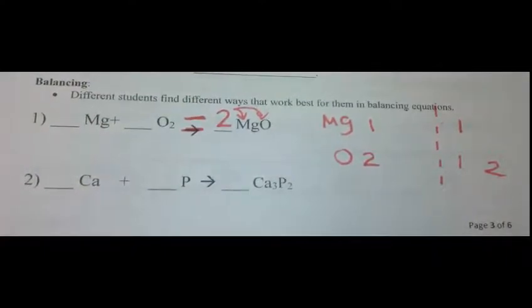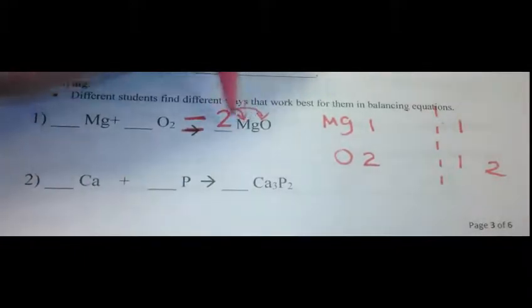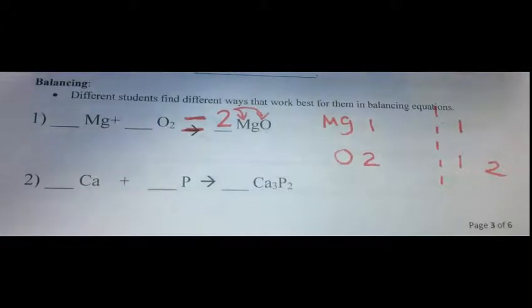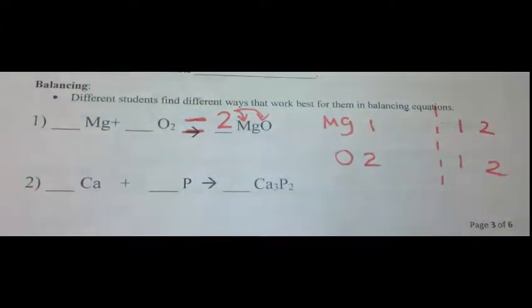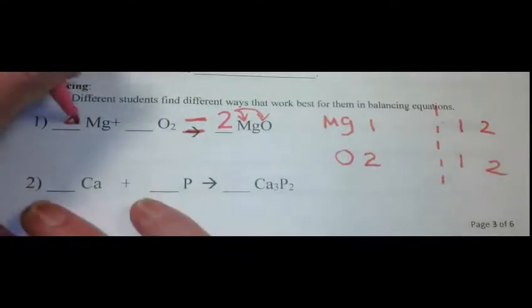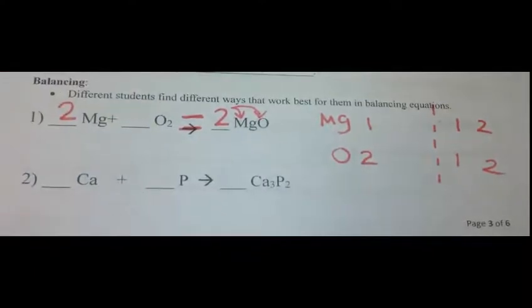It sounds like a bad after-school special, but it's just a reminder that when we change something at the front, a coefficient, it changes everything. So now I have 2 magnesiums as well. That means I need to go back to my other side and put in another coefficient for the magnesium so that on each side they are the same.